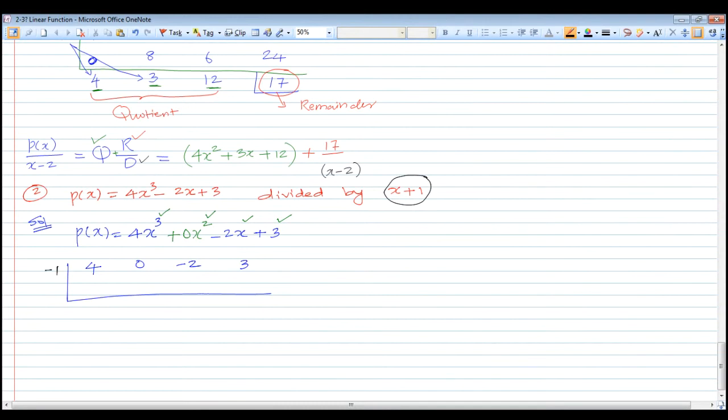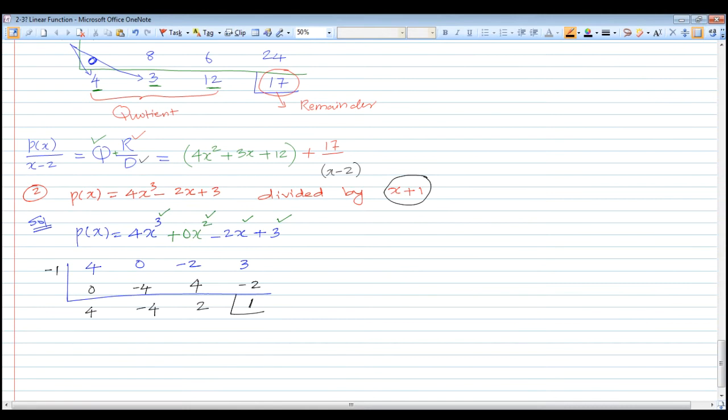The first value is 4. Multiply minus 1 into 4, you will get minus 4. Add this value, 0 and minus 4, you get minus 4. Multiply minus 1 by minus 4, you get plus 4. Add it, you get 2. Minus 1 into 2 is minus 2. The remainder is 1.